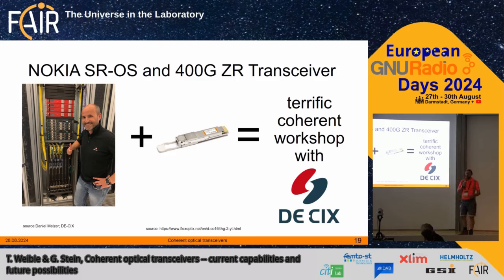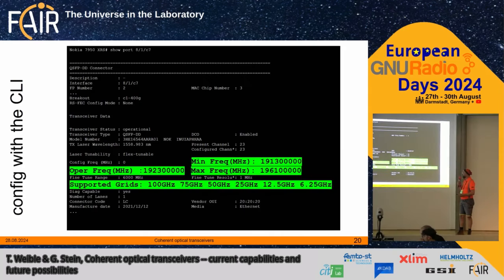We plugged it into their routers and looked at the command line interface, basically how the operating system recognizes those modules, and especially which new parameters we're going to see. It was pretty simple. We were basically running a show port command on the Nokia operating system.